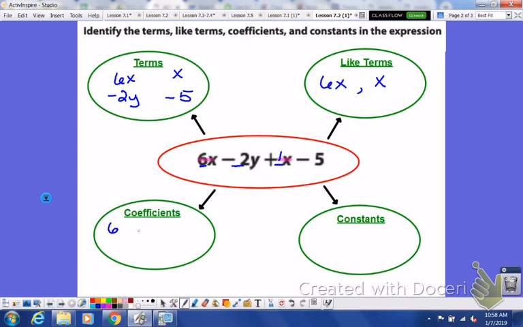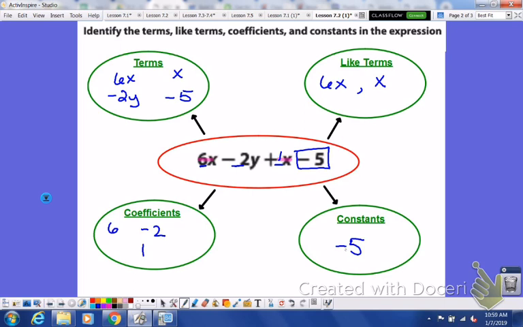So 6, negative 2, and 1. I apologize, I think I kept saying constant there. We were talking about coefficients, because the constant, the number without a variable, is negative 5. So don't mix those two up. Coefficient is the number with a variable. Constant is the number without a variable. And don't forget, minus makes them negative.